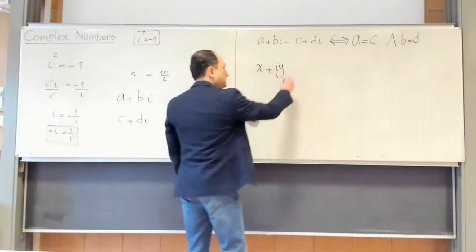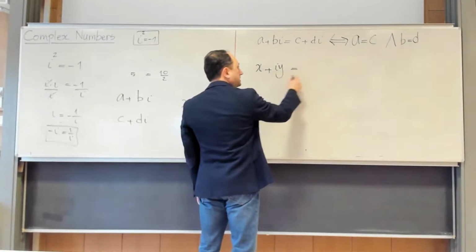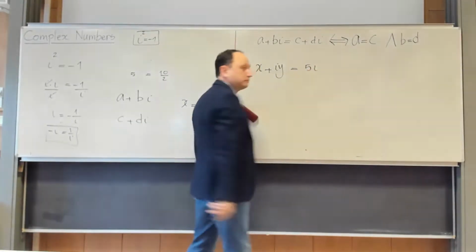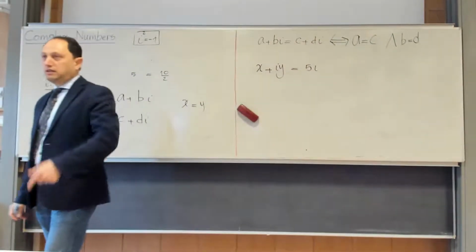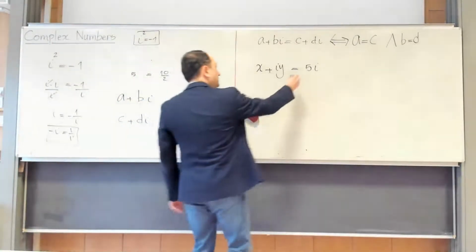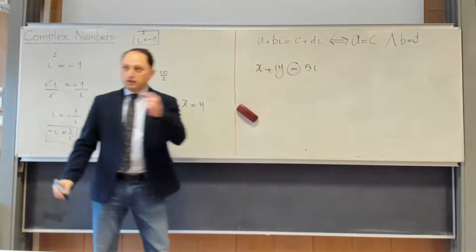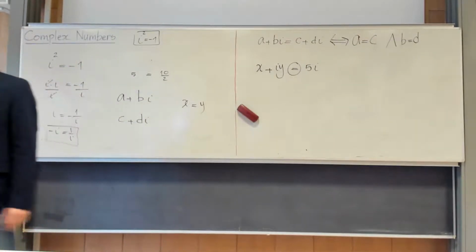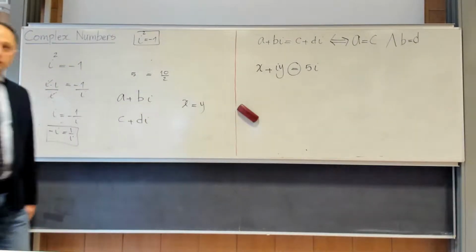But let me say that this complex number is 5i. Immediately I can answer both of them. I already know X, I already know Y. What is X if this equality is right? X is 0, Y is 5. So you see how many equalities I have? One, so it's one equation. But how many unknowns do I have?